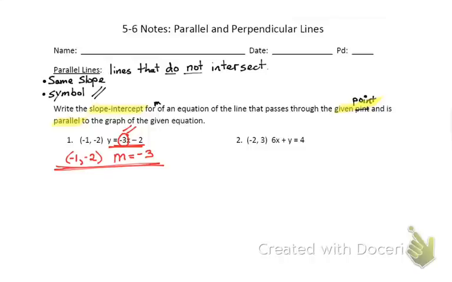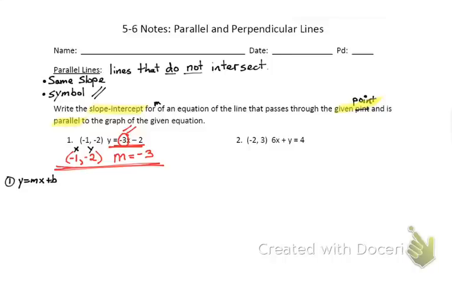So we should also now remember that there are two different ways you could do this equation. One way I'm going to do over here is to solve for b. So you're going to plug this into the y equals mx plus b formula. Again, obviously our first number here is our x and our second one is our y.